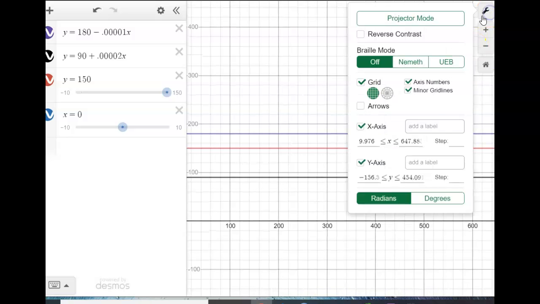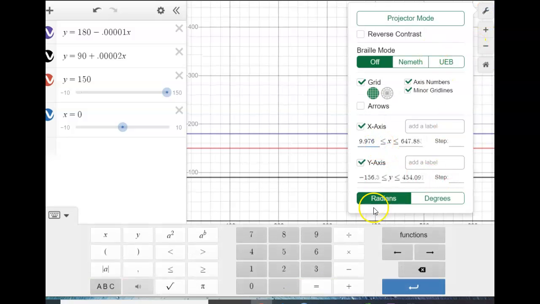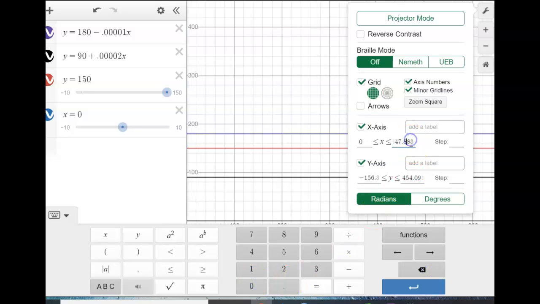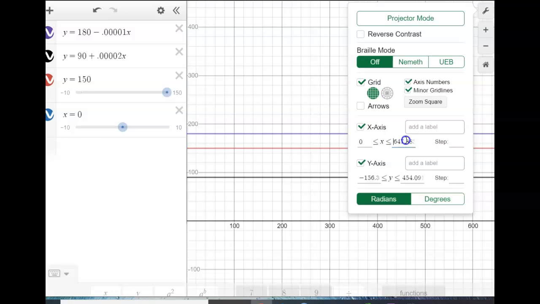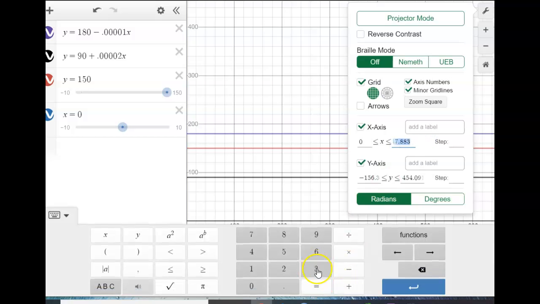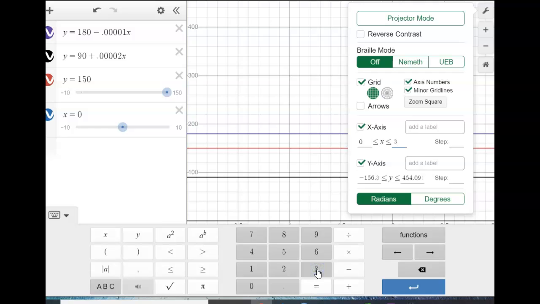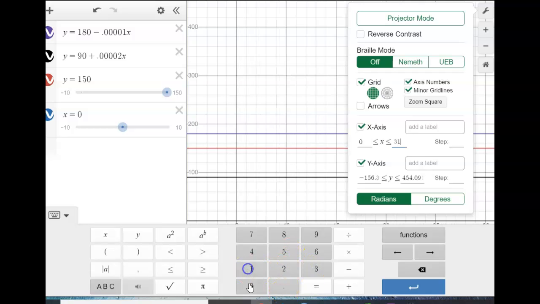I'm going to press this and we're going to change this from 0 to, let's say, 3,100,000.